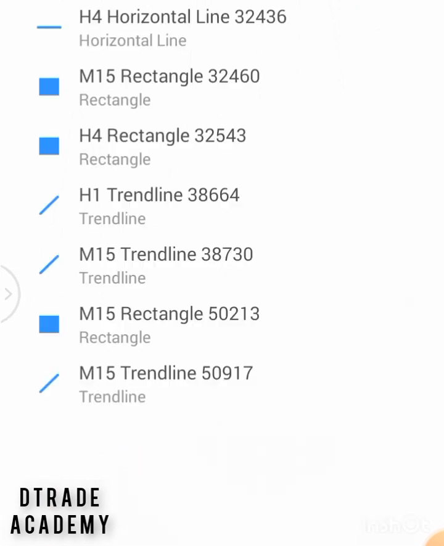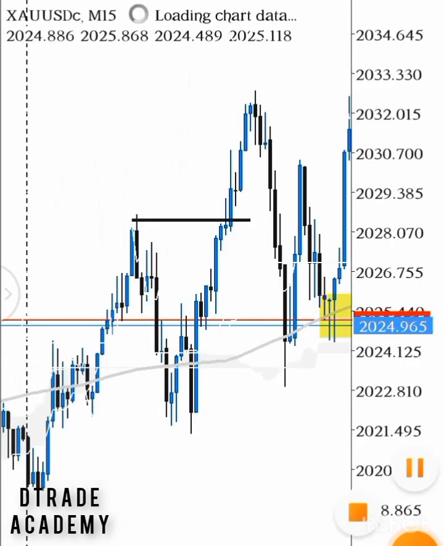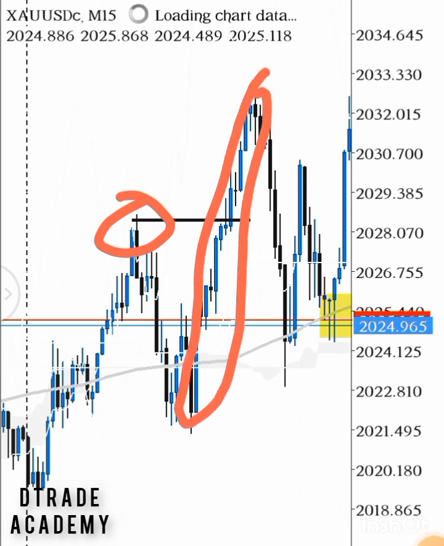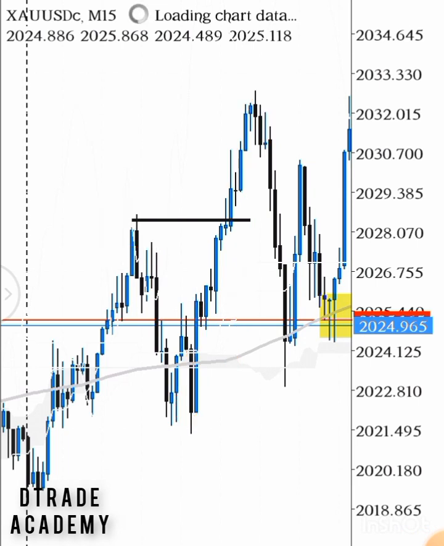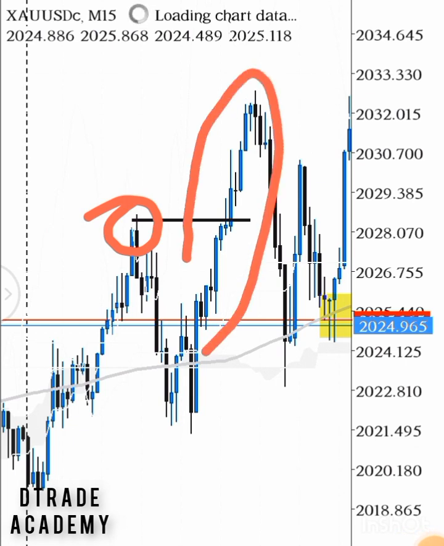You can see this was my previous high and we have this huge candle breaking this previous high. Here is the long momentum candle that broke that high. So that is to tell us that market is breaking structure to the upside.